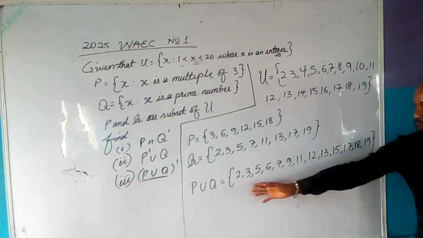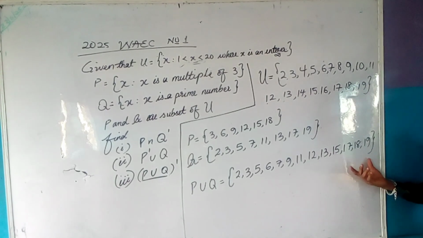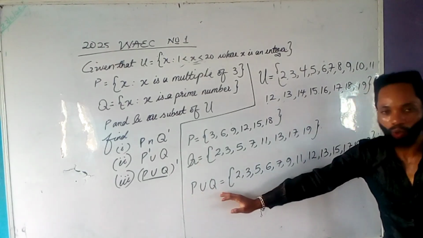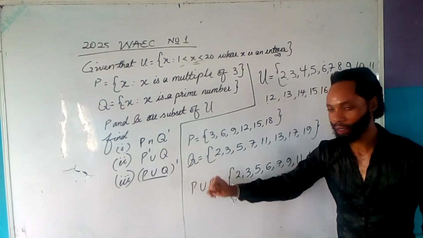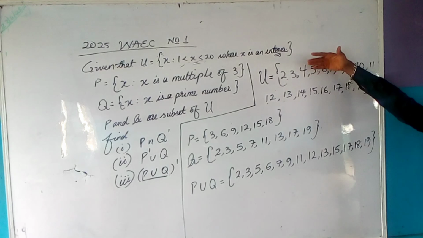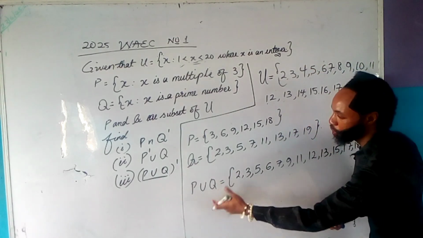So we're taking everything. So this is P union Q. Given this information, that's what I asked you for, P union Q all complement. So we're going to complement this: we're going to take this out from the universal set. Whatever is left is going to be our P union Q complement.